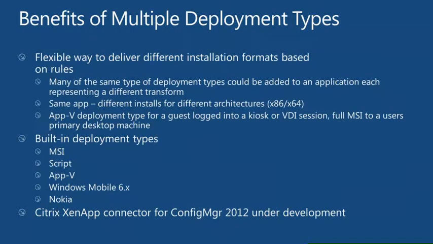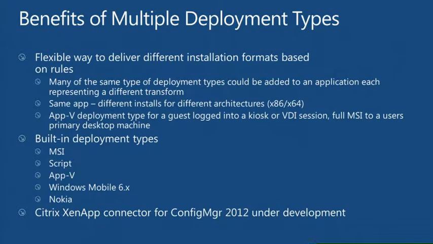The other great example of this is if you have an app that's typically a little heavier, something like Adobe Air or Adobe Flash, and Adobe Reader, and you don't want to install that app on every machine that the user logs into.